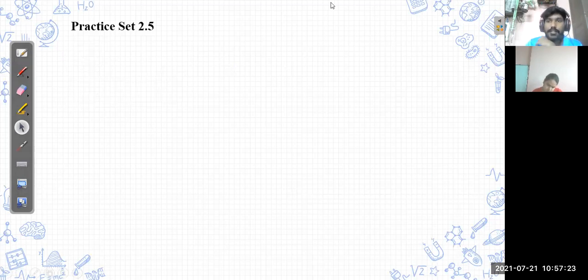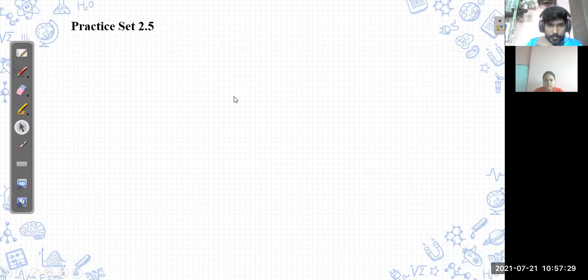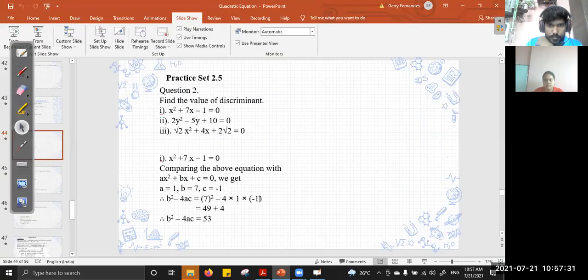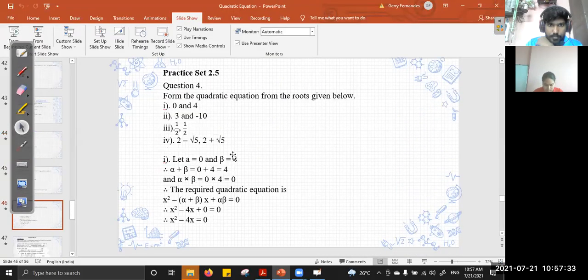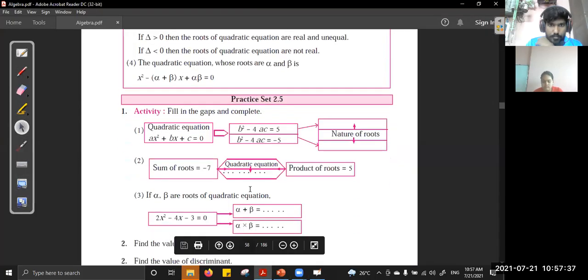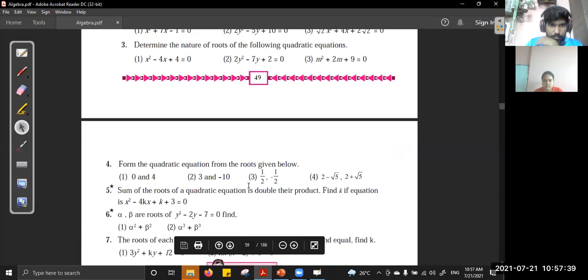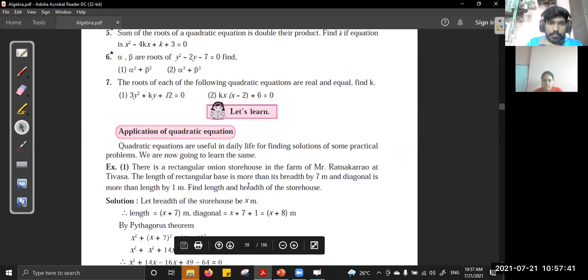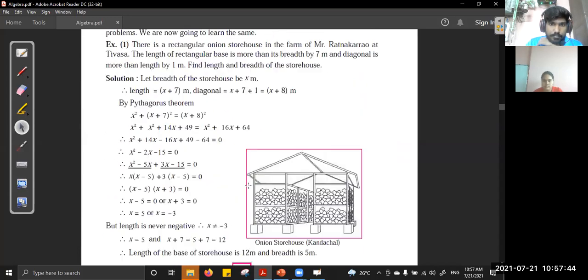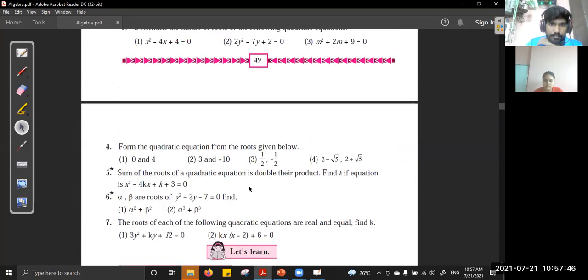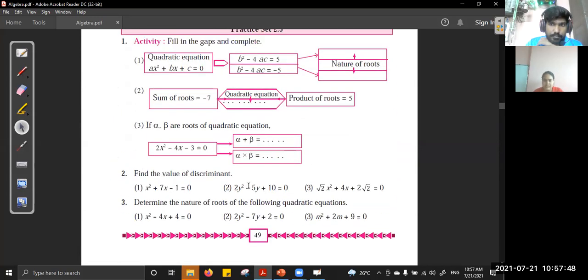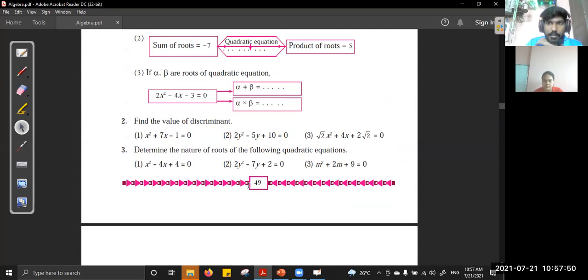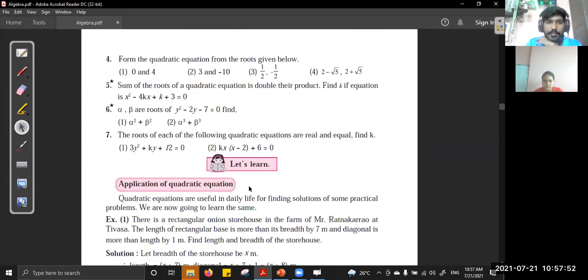Then we have practice 2.5 and one more. And this time there are word problems also.